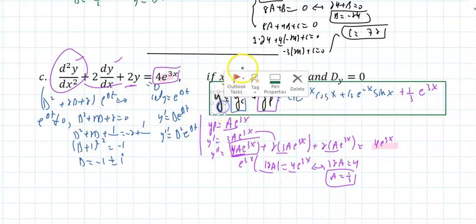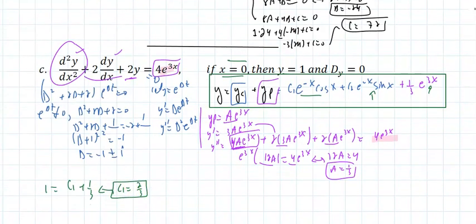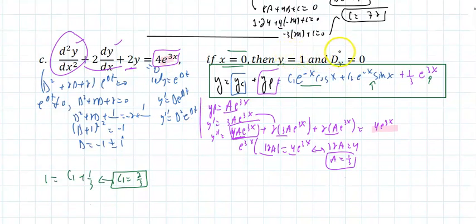But we notice that they say, if x equals 0, y equals 1. Well, 1 equals c sub 1. If you put a 0 there, that's 0. If you put a 0 there, that's 1/3. So that tells me that c1 is 1 minus 1/3, which is 2/3. Got it. And if I take a derivative, y prime is actually the product rule right there. C sub 1 e to the negative x times the sine.